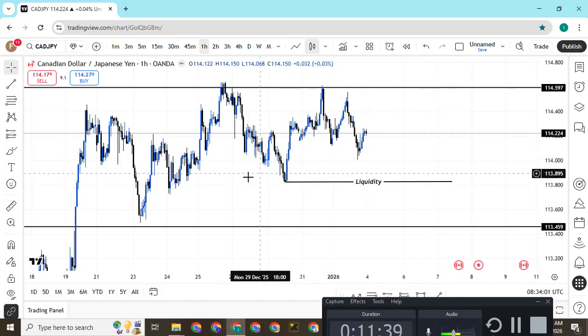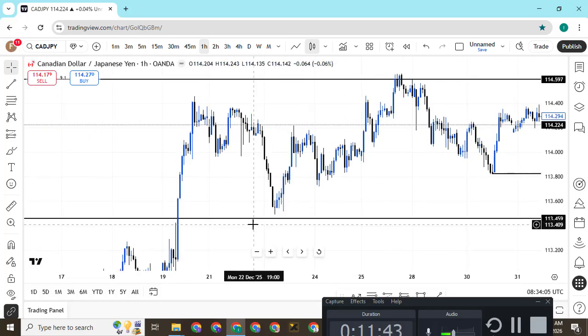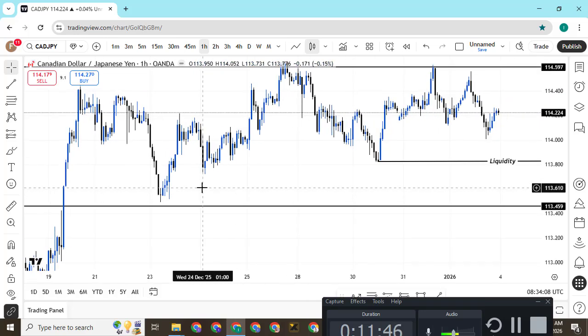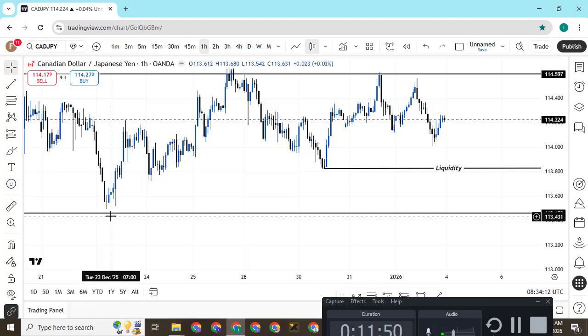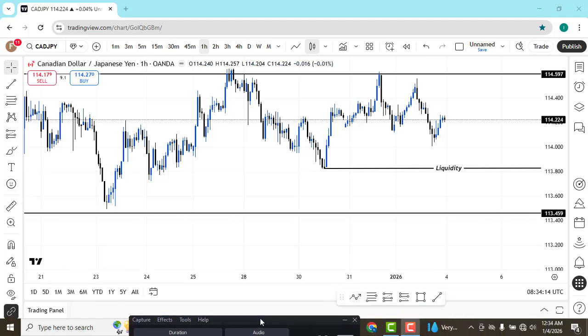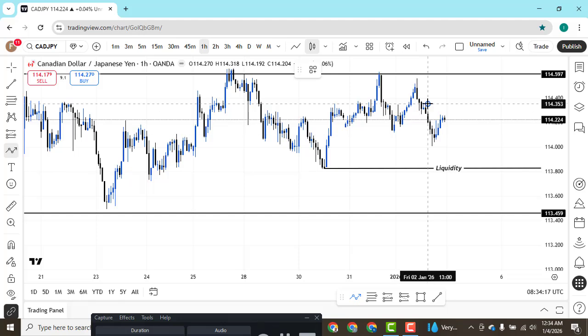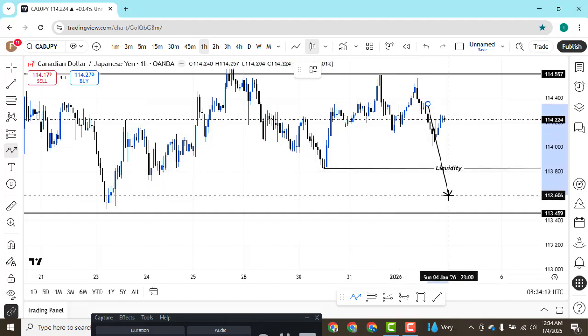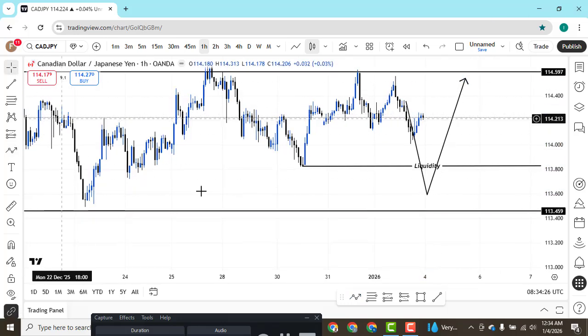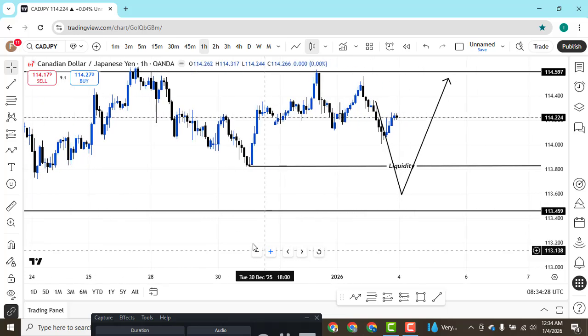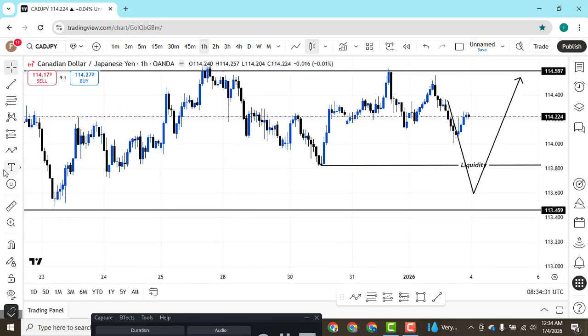Now I'm going to be taking my entry. Since the market has done a retest here, I'm going to be coming down to take my entry from here, because I expect the market to do something like this. This is what I expect the market to do. I expect the market to come like this, take out this liquidity and pump to the upside. Do you understand? So in that case, I'm going to be taking my entry from this point. I'm going to be taking from here.